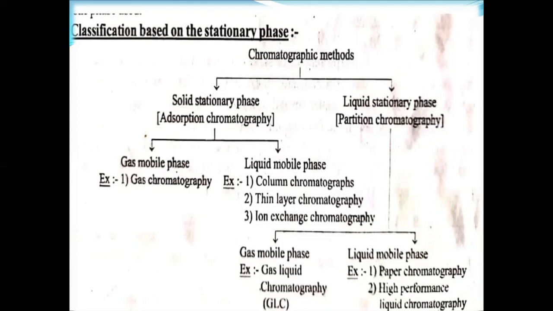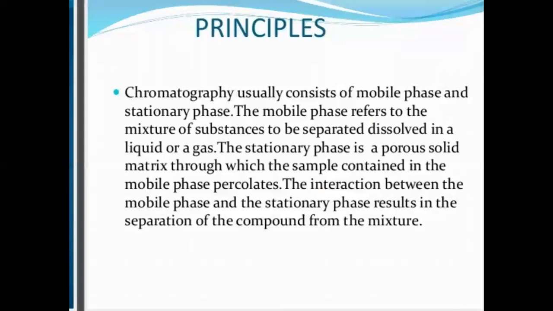The eluting agents in PLC are listed. The solvents that can be used are petroleum ether, carbon tetrachloride, cyclohexane, benzene, diethyl ether, chloroform, acetone, ethyl acetate, methanol, pyridine, ethanol, glacial acetic acid.